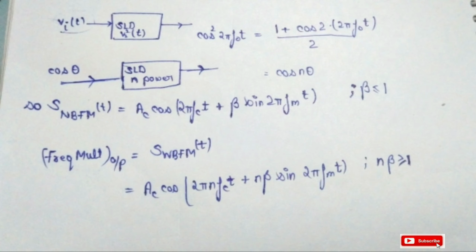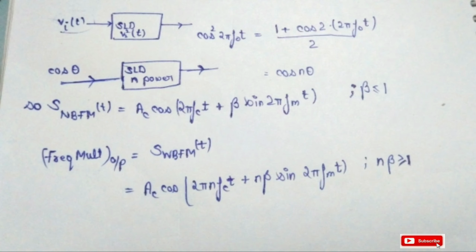So the output is a wideband frequency modulated signal, because this term is multiplied by n. So the output is Ac cos(2 pi n fc t plus n beta sin 2 pi fm t), where n beta is greater than or equal to 1, because the frequency range is expanding as it is multiplied by n. So the narrowband frequency modulated signal is changed into the wideband frequency modulated signal.